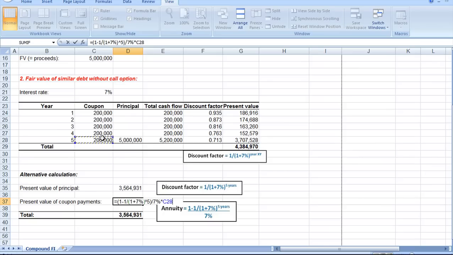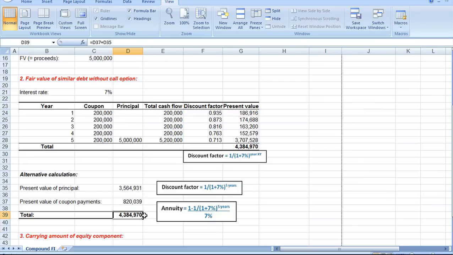We can multiply the annuity factor with the amount of regular coupon payment, and we get total present value of 5 coupon payments amounting to 820,039, right? Adding these two numbers, we get the present value of a liability component equal to 4,384,970, exactly as in our table calculation. So apparently the formulas work.